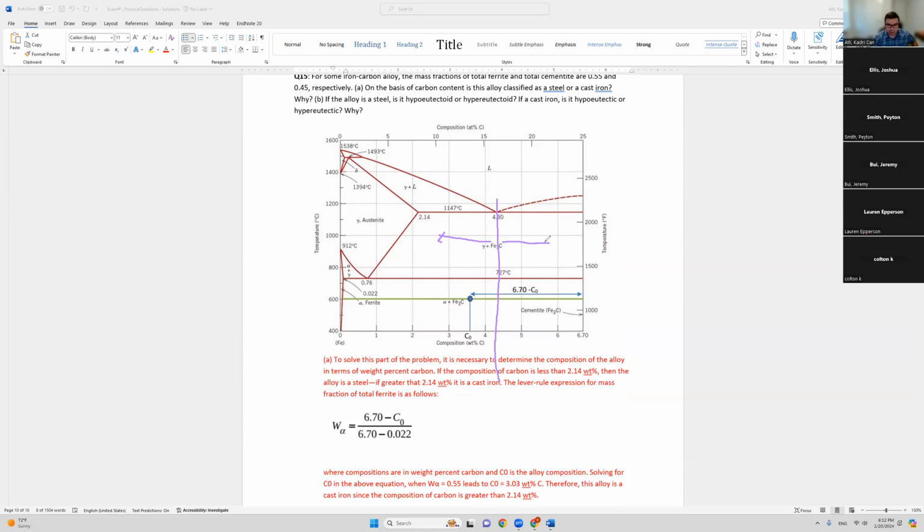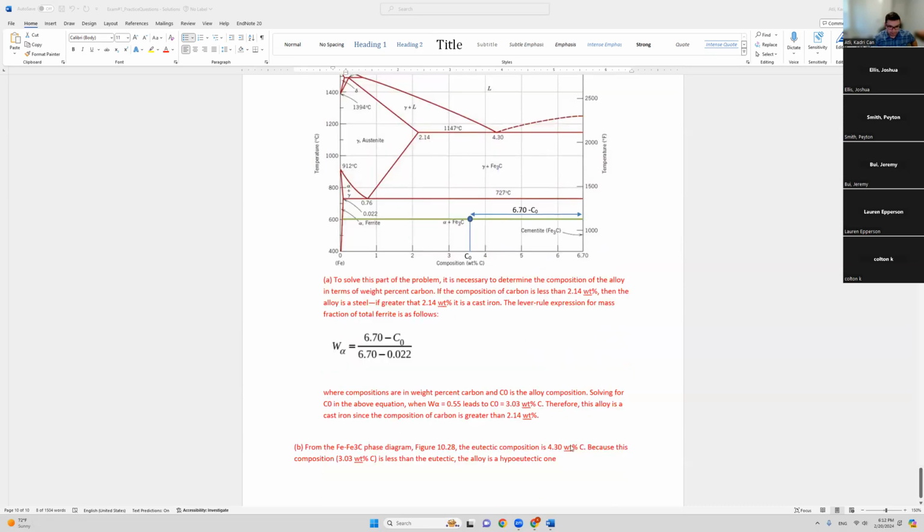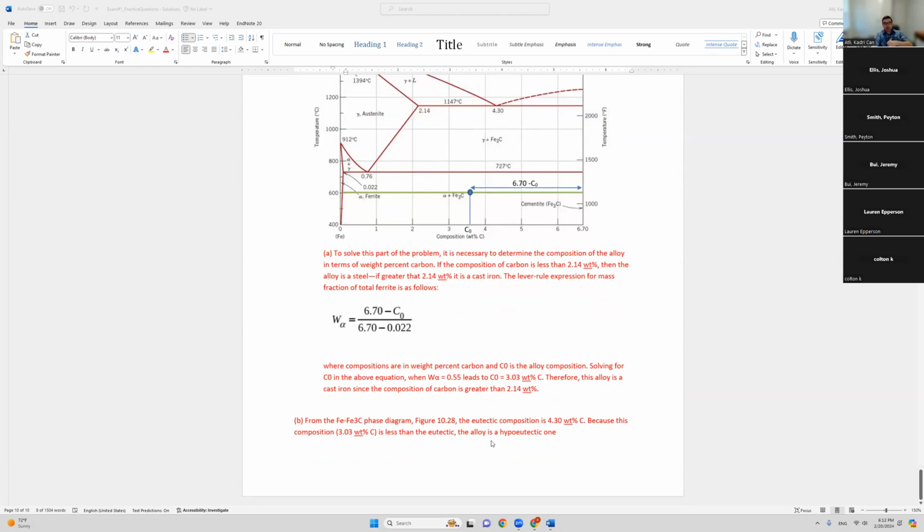And to the right, if you have carbon content more than 4.3, this is hypereutectic. So because our composition of 3.03% is less than the eutectic, the alloy is a hypoeutectic one.